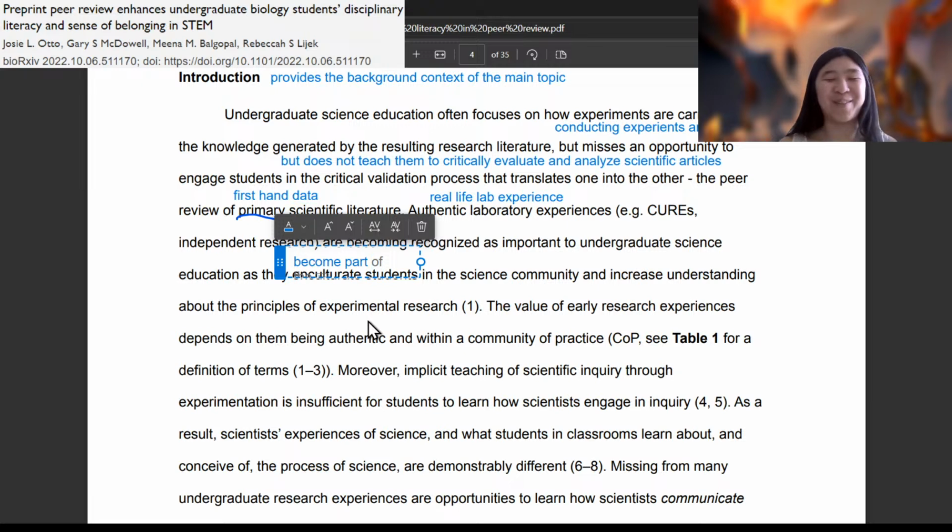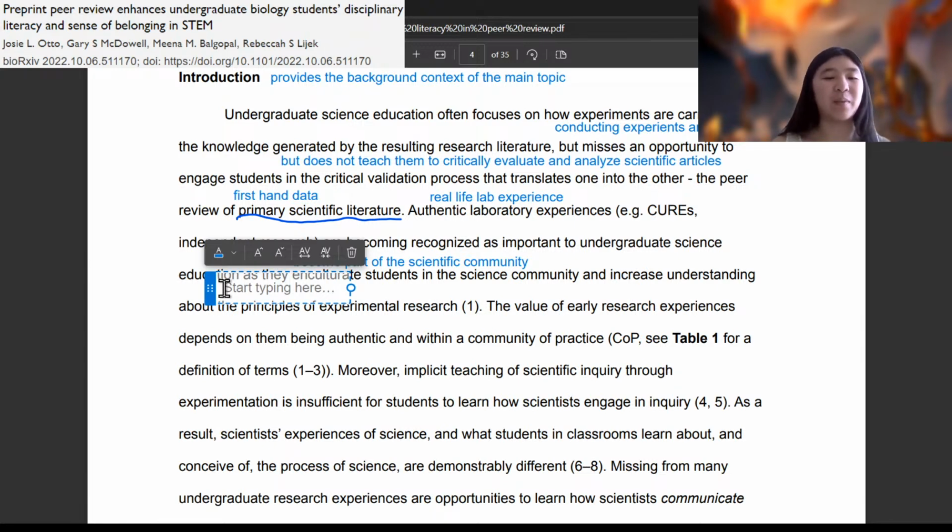Enculturate, I've never heard of that word before. And it helps them understand the principles of experimental research. This basically helps them understand how research is done. Principles of experimental research. It's very complicated.